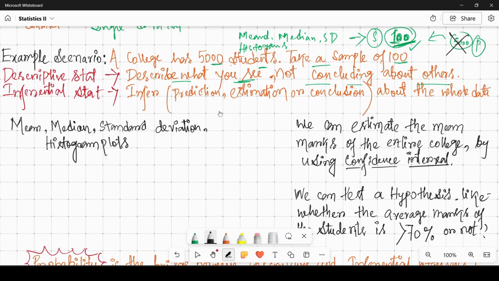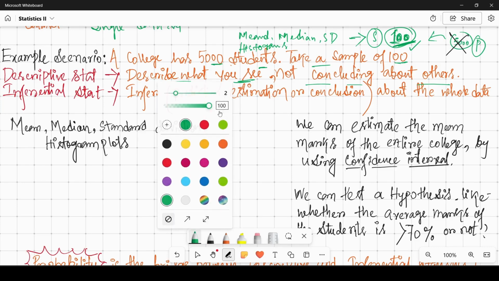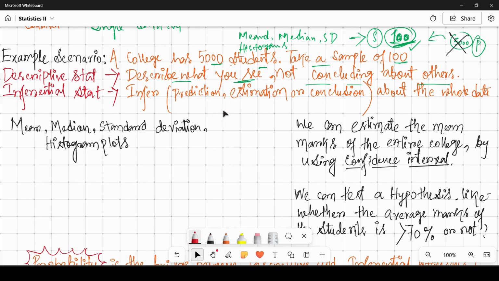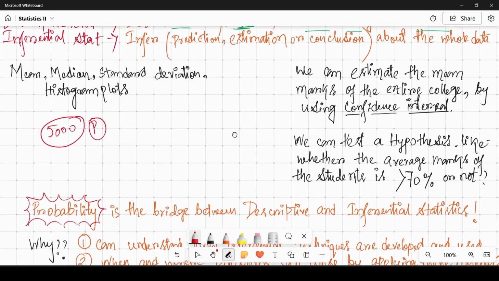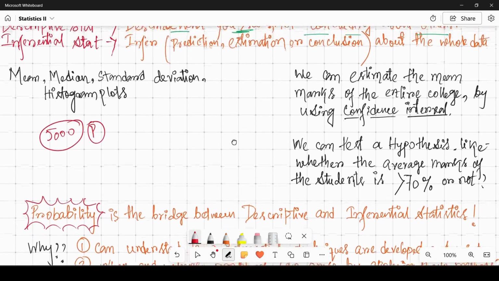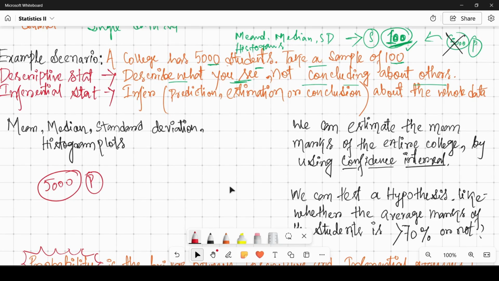But what if we implement the ideas of inferential statistics? Let's say that for these 5,000 students, our real population, we are interested in implementing inferential statistical methods.